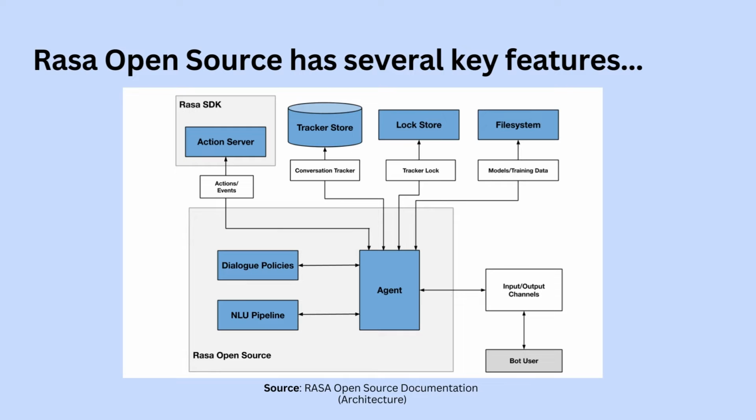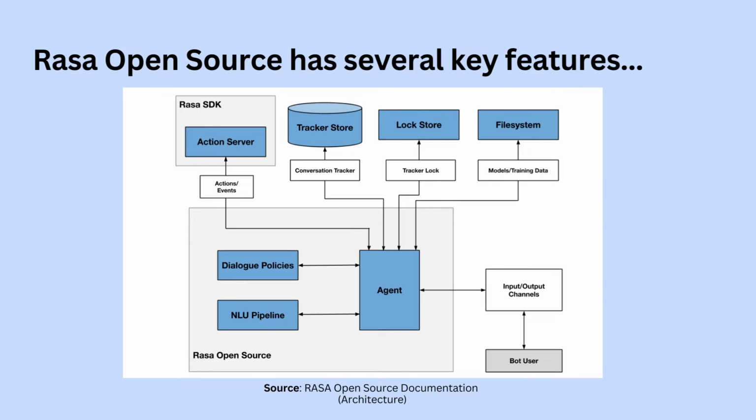Secondly, it has a dialogue management functionality, where Rasa handles conversations with users and makes decisions based on previous interactions, guiding the flow of the conversation. Additionally, Rasa Open Source supports connecting with various messaging channels, just as we said, such as Facebook Messenger, Slack, Telegram, and WhatsApp.